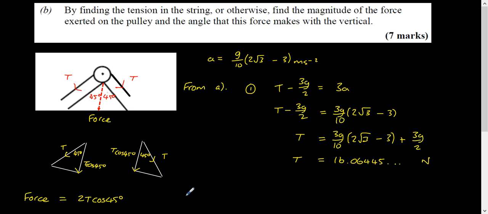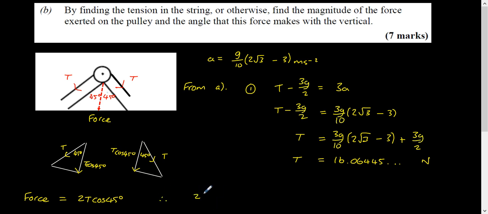We look at the point where the pulley is, we bisect the angle, and on one side of the angle we have a tension from one particle, on the other side of the angle we have a tension from another particle. And so we always end up with 2 times the tension multiplied by cos of whatever the angle is. So we can now go ahead and just directly substitute this in.